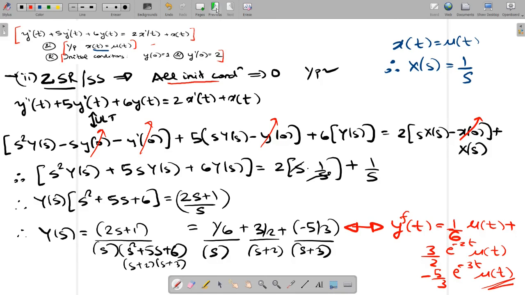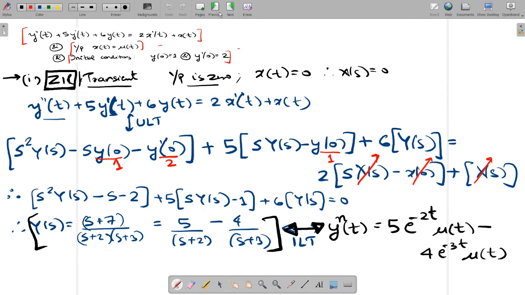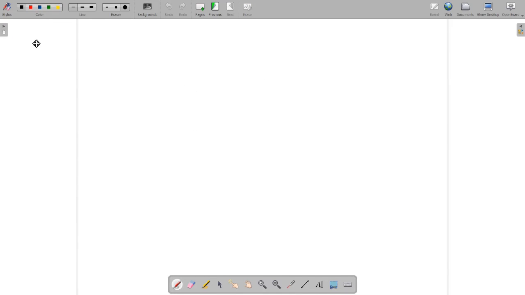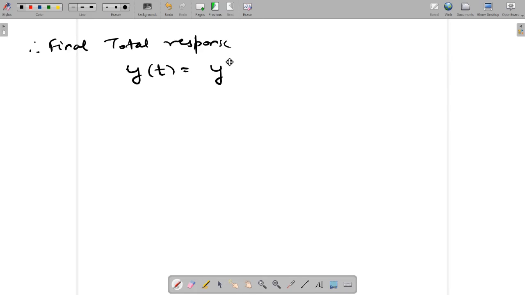So I have now got two answers. One is the zero input response, next the zero state response. So at the end you will say, therefore, the final total response y of t is equal to y natural of t plus y forced of t.